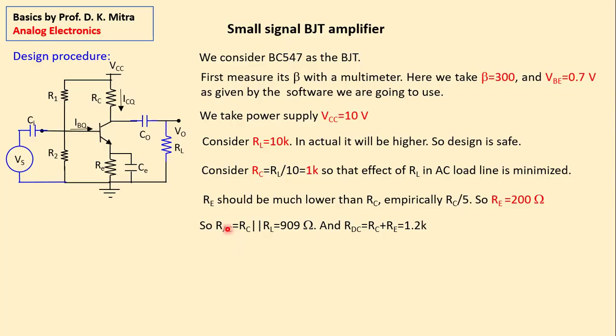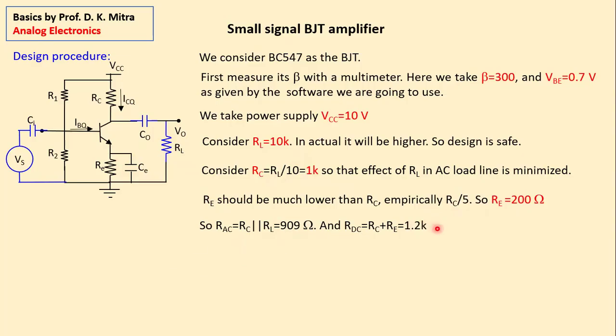What is RAC? RAC is RC and RL in parallel. RC is 1K, RL is 10K. If you calculate their parallel combination, it is 909 ohm. And what is RDC? It is RC plus RE. It is 1K plus 200 ohms, so 1.2K.